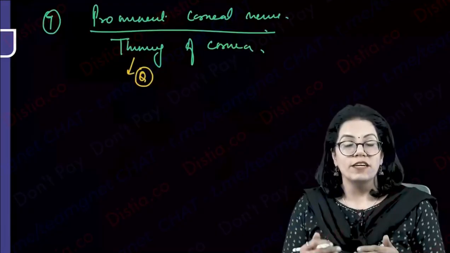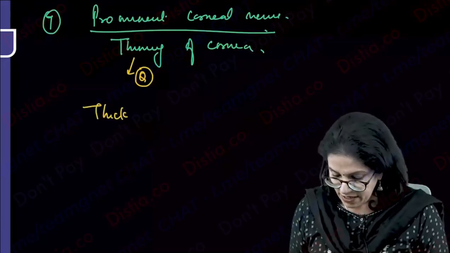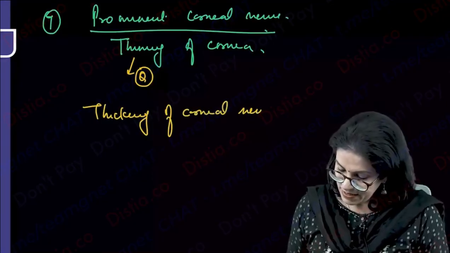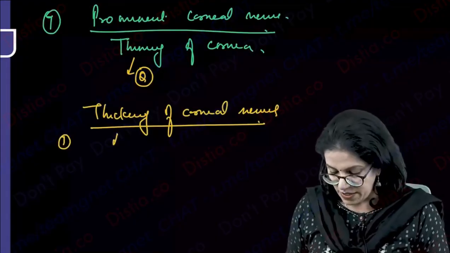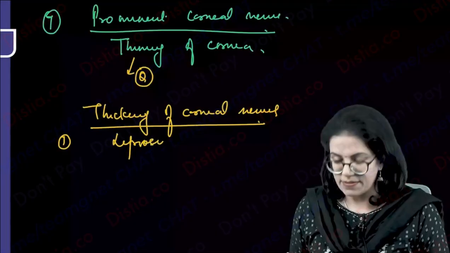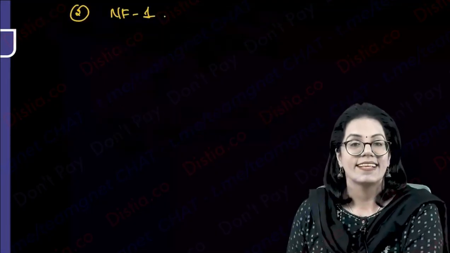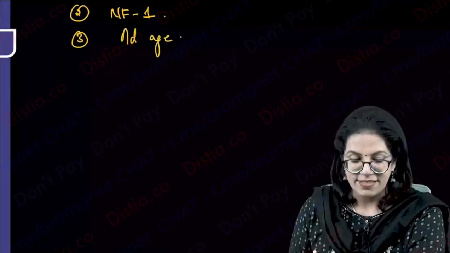Now before we move further, what are the causes of thickening of the corneal nerves? First, of course, let's note down leprosy. Second, write down neurofibromatosis type 1. Sometimes it can also be seen as a process of old age.